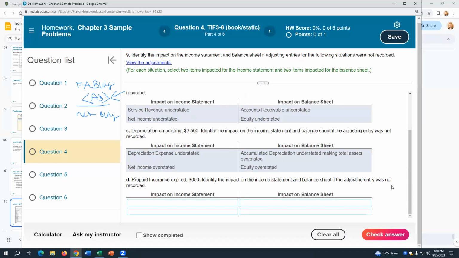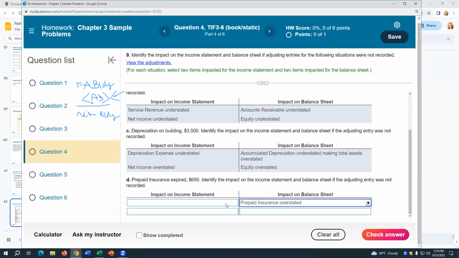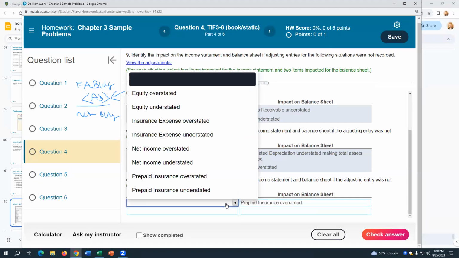That's the entry we would make. So is our prepaid insurance then overstated or understated? Over, because we didn't reduce it down when we used it up. So prepaid insurance is overstated. And then our insurance expense then is what? Under, yeah.